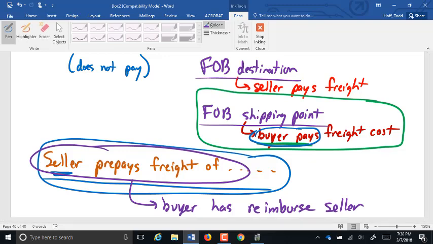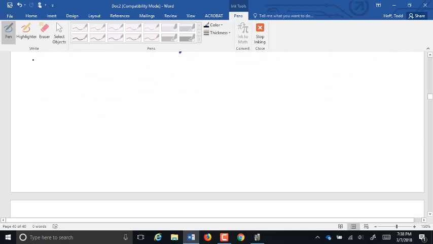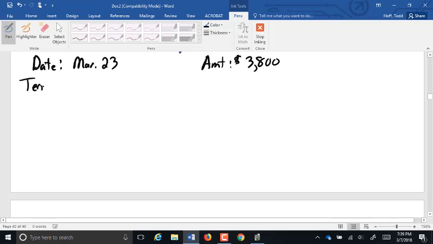So let's take a peek at some examples. So let's say we have an invoice date of March 23rd. Invoice amount of $3,800. Terms 1/10 net 30.